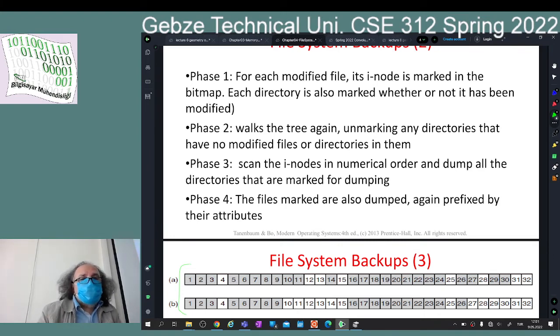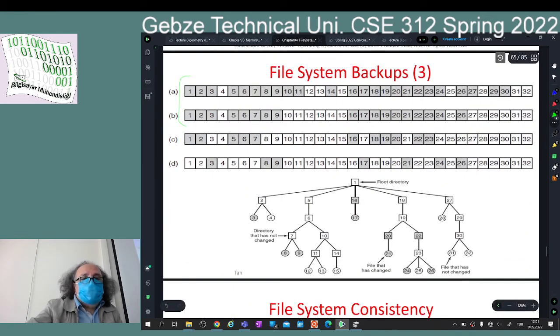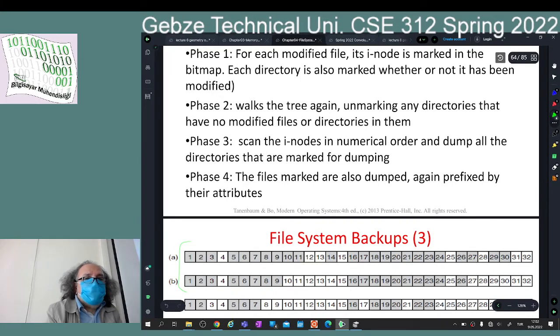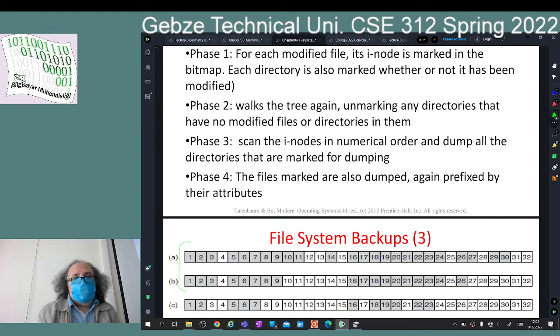Okay, so first I take the backups of inodes that belong to these marked files and directories. And after that the files marked are also dumped, again prefixed by their attributes. So after the inodes are pointing to blocks, and I put the blocks back to the backup place.